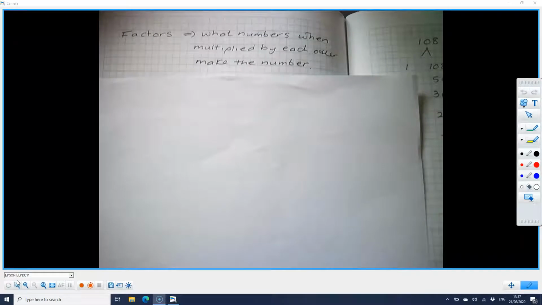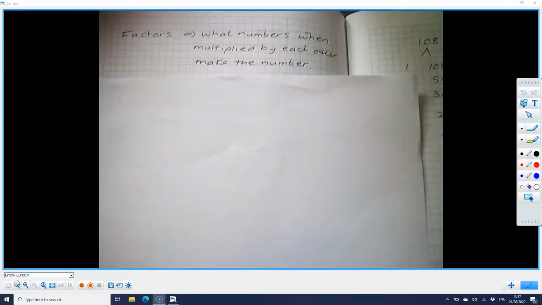You can't get it any other way. 5 is a prime number because you get it by 1 times 5. 9 isn't a prime number because you can get 9 by 1 times 9 or 3 times 3. 1 is not a prime number because the only way you can get 1 is 1 multiplied by 1, and in terms of that, there's only one factor.